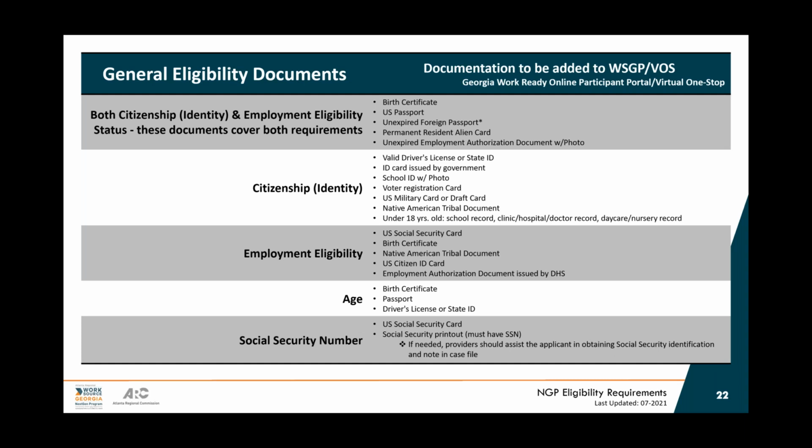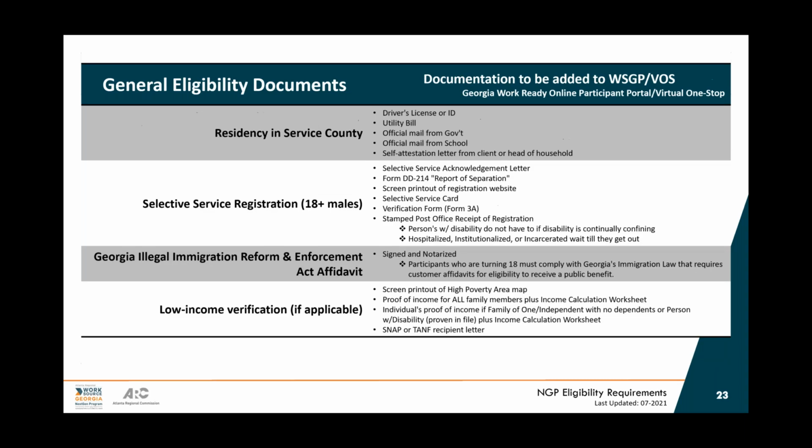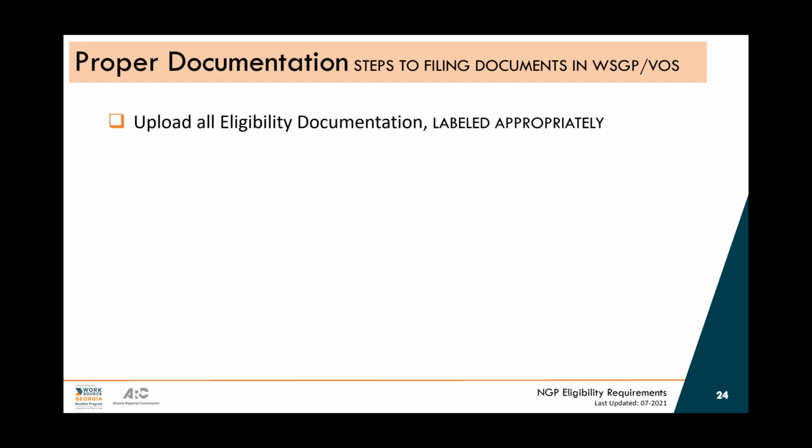You have to prove your age, your residency, etc. And we have here some ideas of what can be proof. We'll go more into low income verification, so I'm not going to go into that right now. But I put these slides in here so that you can print them and put them up and use them as a reference.